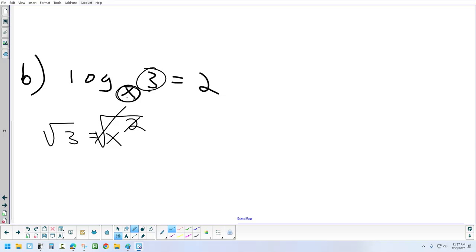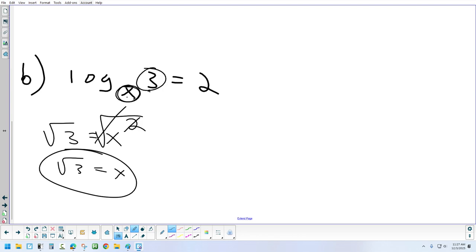So when we take the square root of 3, normally you get 2 answers. Ignore the negative. Don't put a plus or minus in front of that square root like you do in the quadratic formula. Don't do that. Any question on that?